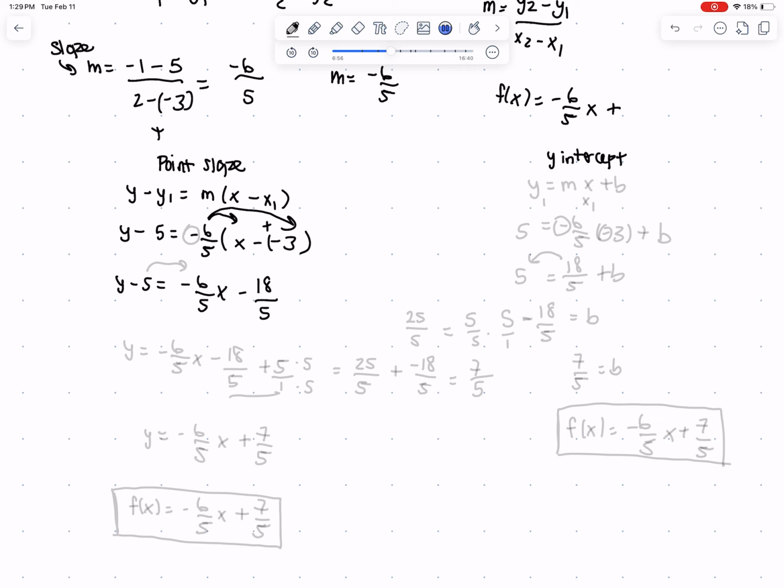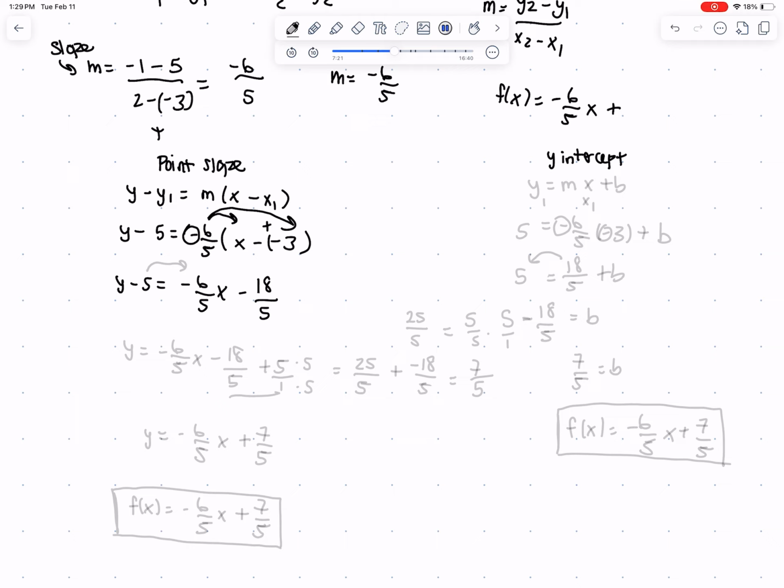And the reason why it's negative is because there's a negative sign in front of the -6/5. And also, we can do this easily in our heads. So if you're like, oh, how do I multiply the -6/5 times 3? We just multiply the top two numbers and we get 18. The 5 stays the same because you notice in our slope and this is the same denominator.